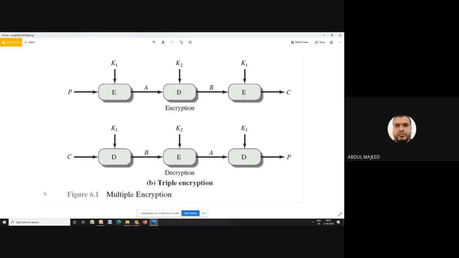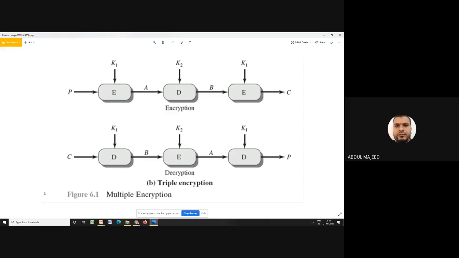So we have doubled it, and now it is 112, which is enough for us. Here they are taking two keys, but K1 and K3 are the same.